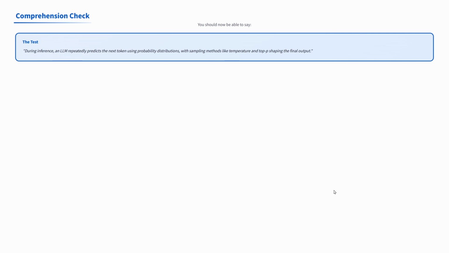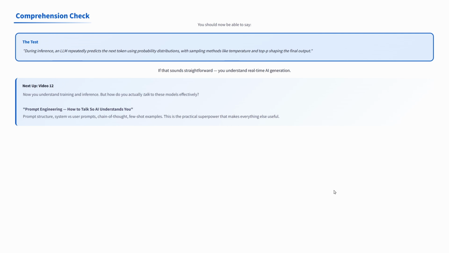Each token is selected from a probability distribution. Temperature controls what? Randomness. Top P controls how many candidates can compete. All of this shapes the final text you read. If that sentence makes sense to you now, you understand real-time AI generation. You know what's happening between pressing enter and seeing the text appear.